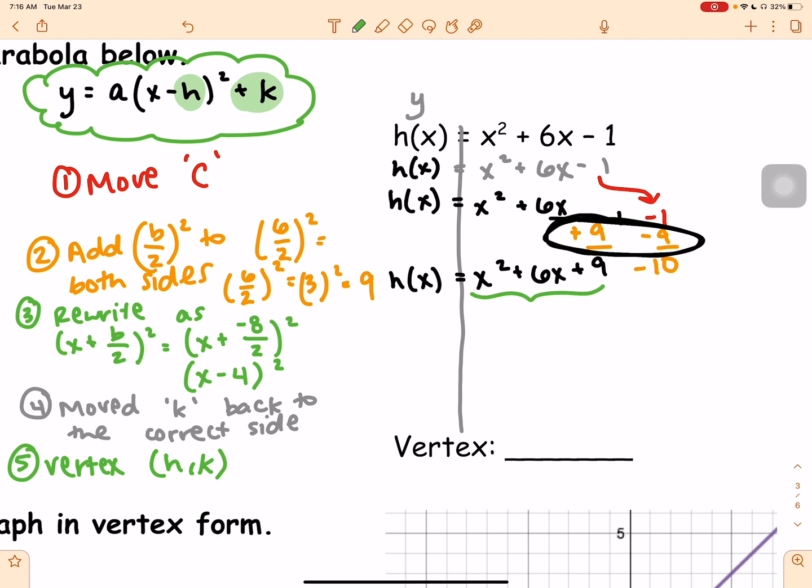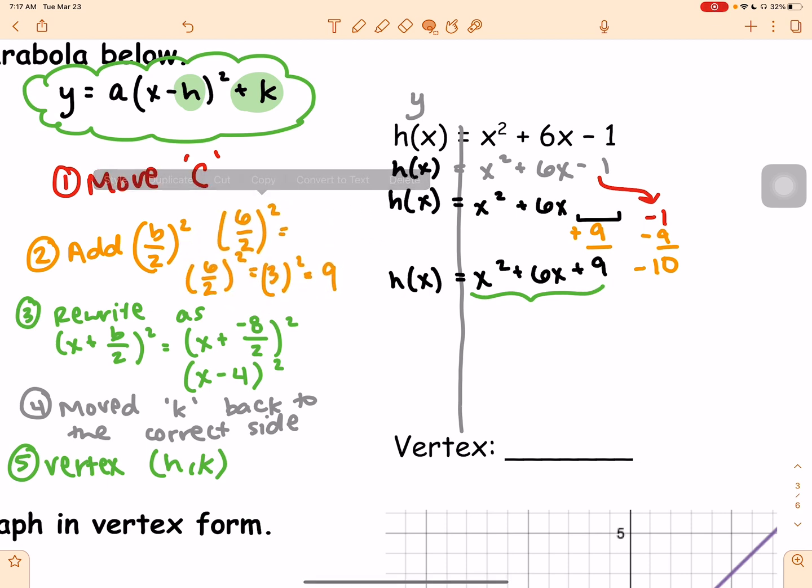And then I have to subtract it as well because my other terms are still on the same side. Okay, so this is how Khan Academy does it. All right, so technically this one was not to both sides. This one was just add b over 2 squared. And since I would add it, I would have to subtract it as well.